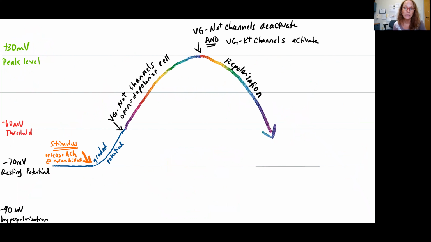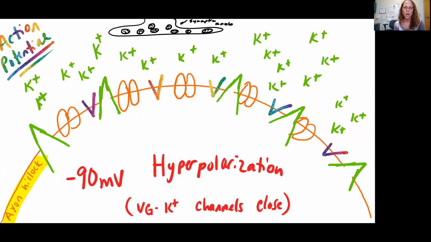The potassium is leaving the cell, and the cell is dipping back down toward the negative 70 millivolts, back toward resting membrane potential. But those sneaky potassium channels, they stay open until negative 90 millivolts. And so our cell actually hyperpolarizes, meaning it gets more negative than resting, because it's not until the cell reaches negative 90 millivolts that those pesky voltage-gated potassium channels close.